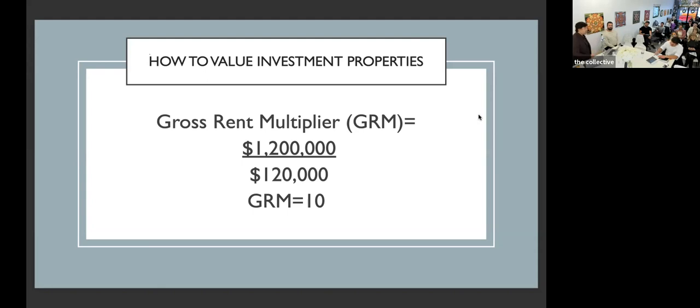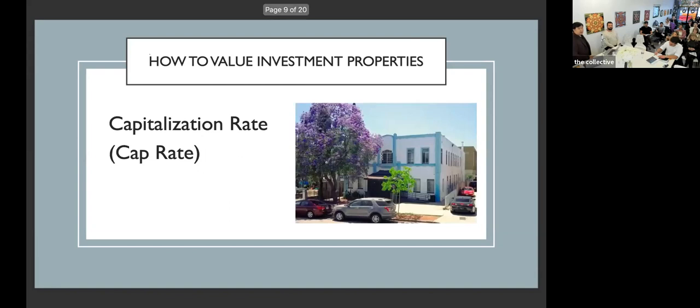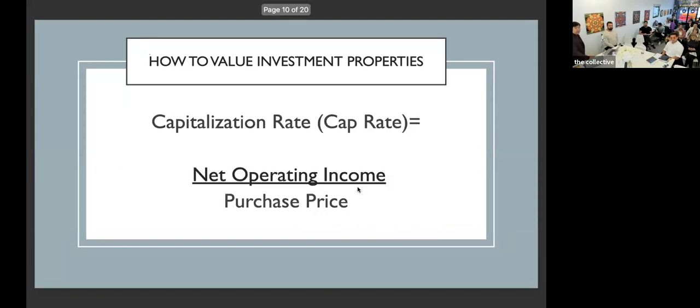All right, let's go back to cap rates. So let's talk about what a cap rate is, right? So there's a formula just like there is for the GRM. That formula is your net operating income divided by your purchase price.